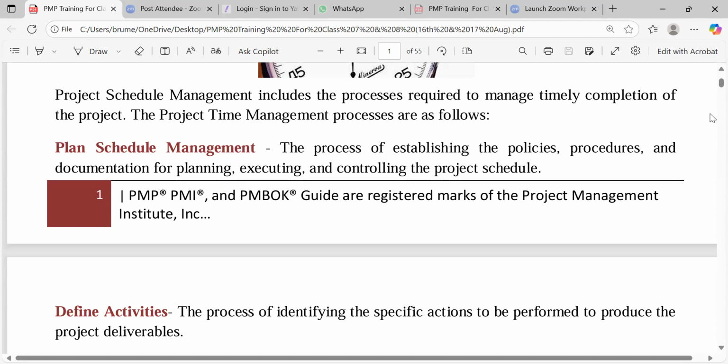Like I told us when we started, project management is the application of knowledge, tools and techniques to realize project requirements. And I also told us a project is a temporary endeavor undertaken to create a unique product, service, or result. So temporary endeavor means it's an activity that will not last forever.